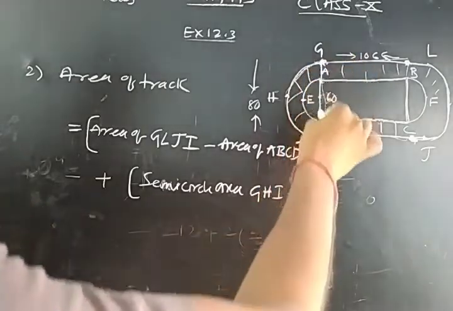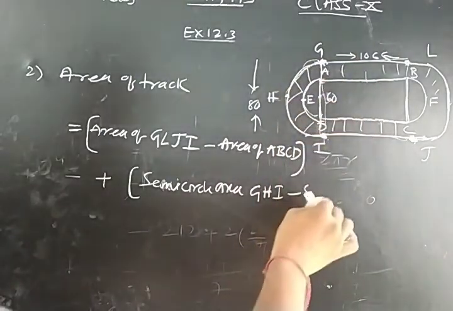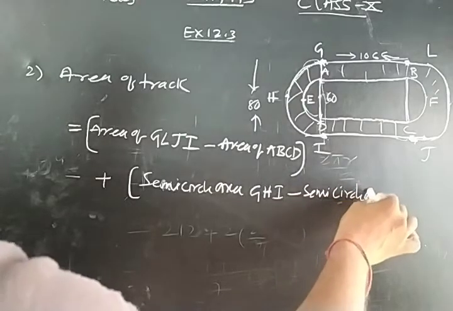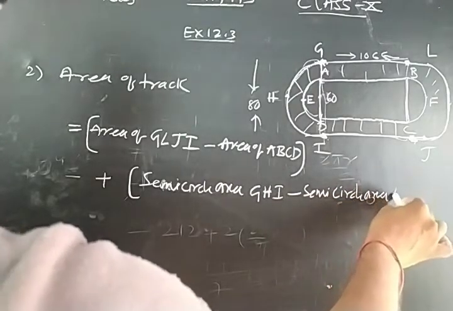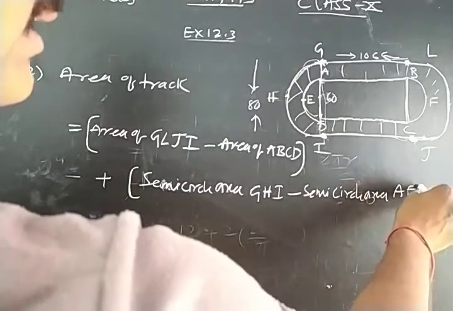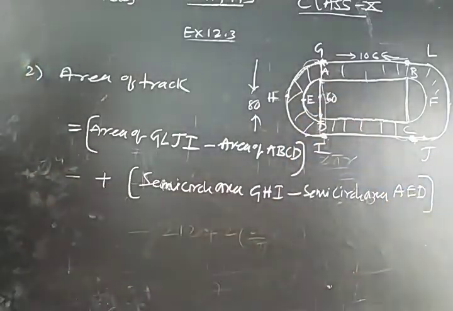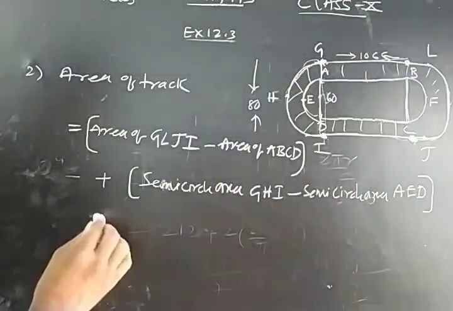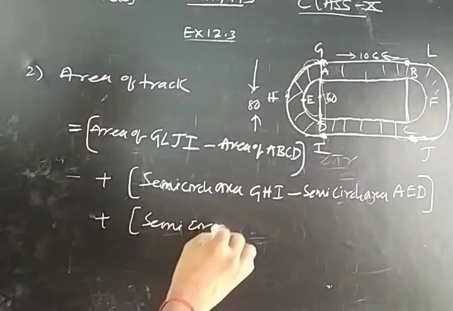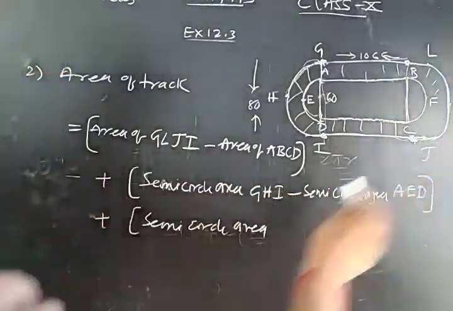From that total semicircle area, I will remove this smaller semicircle area AED. Next, the bigger semicircle is LKJ.